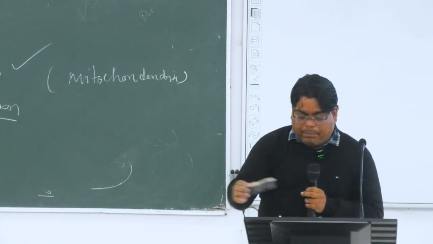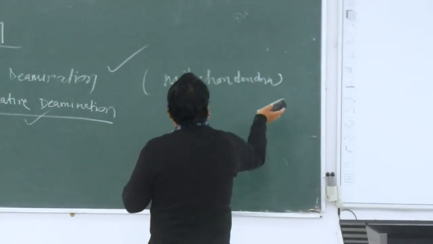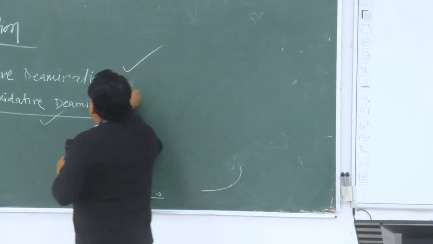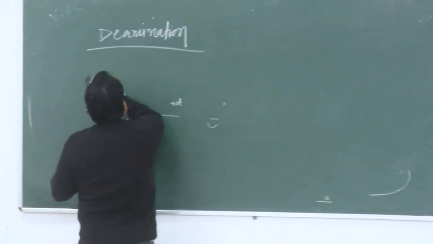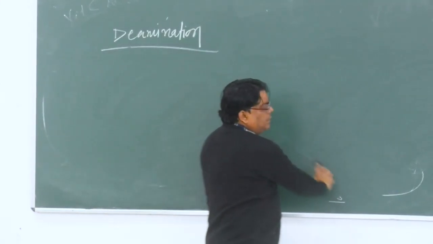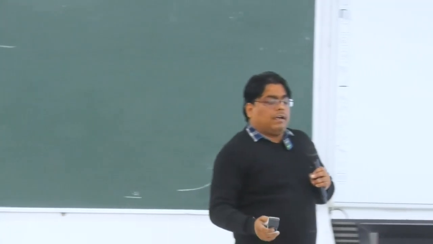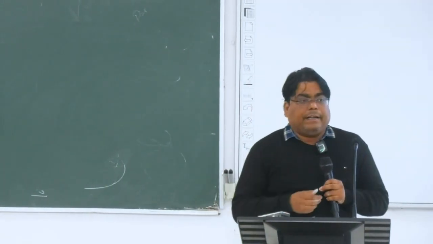We will understand with the example. The first one is oxidative deamination. One enzyme is required here, glutamate dehydrogenase.